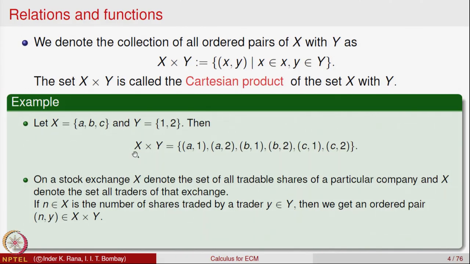But keep in mind, X cross Y is not the same as Y cross X. This is the Cartesian product of X cross Y. Let us look at this example a bit more explicitly. We had the set X equal to A, B and C, and Y equal to 1 and 2.